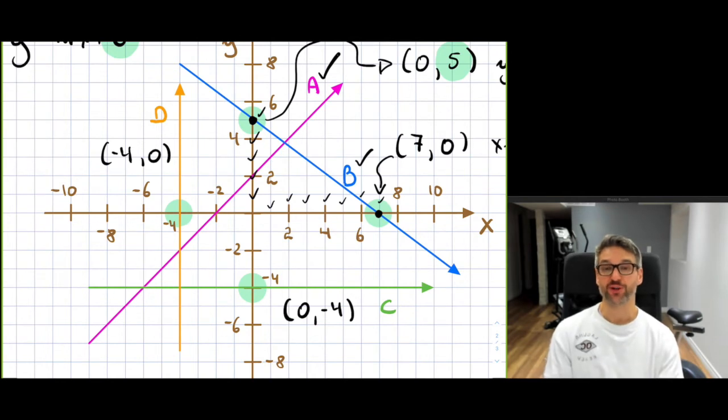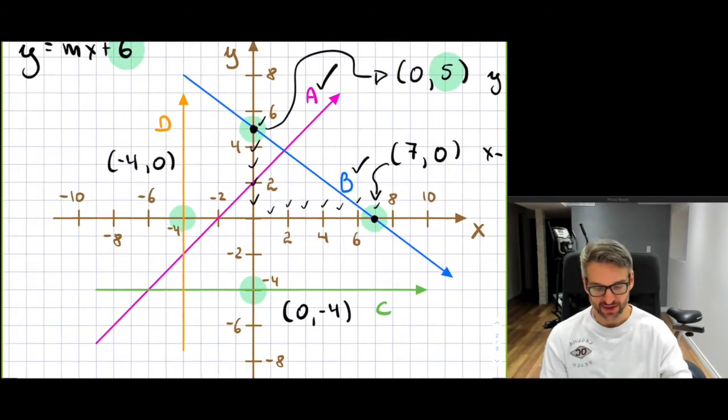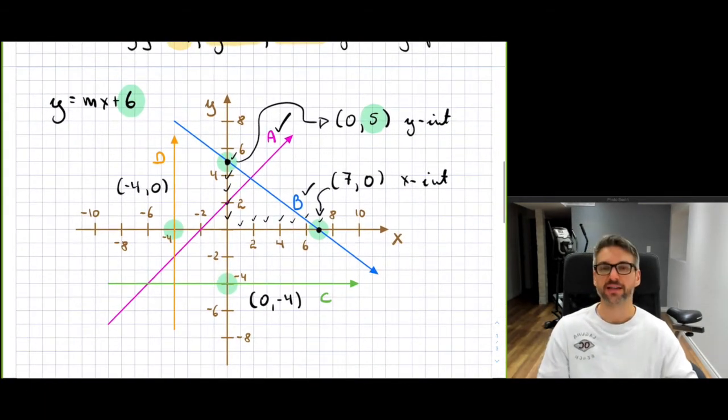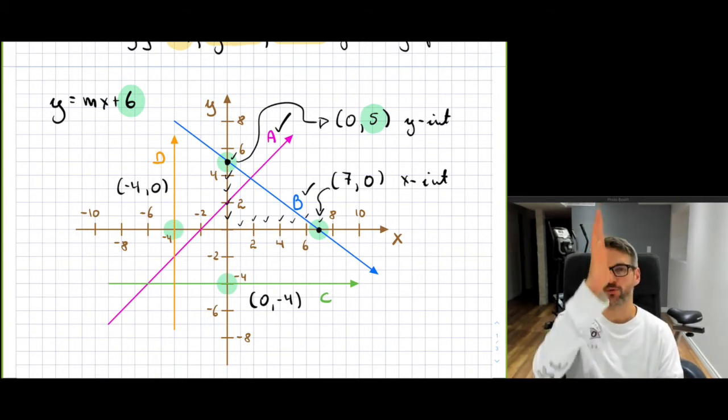Now, on occasion when you run into these, sometimes your vertical line will align directly with your y-axis, so it falls exactly on your y-axis. In that case, your x-intercept would basically be 0, and your y-intercept is the entire y-axis because that's where it falls.